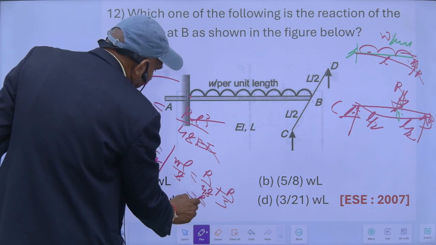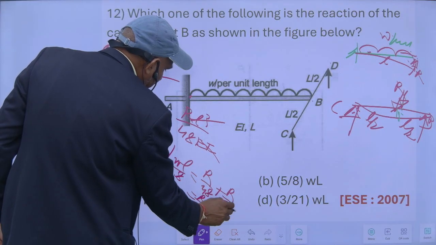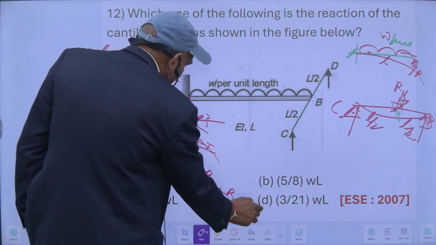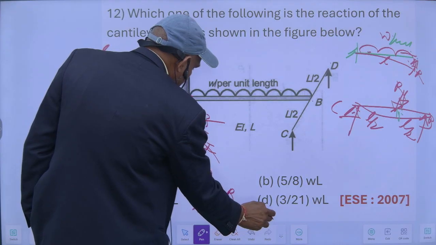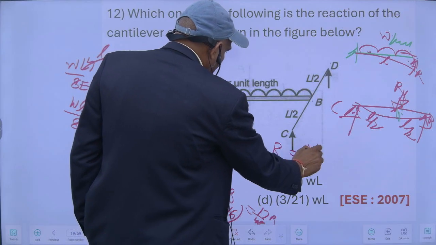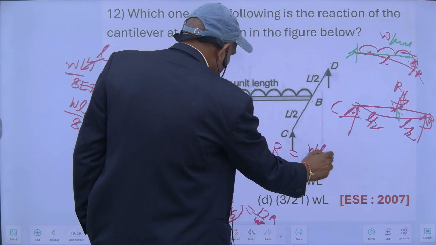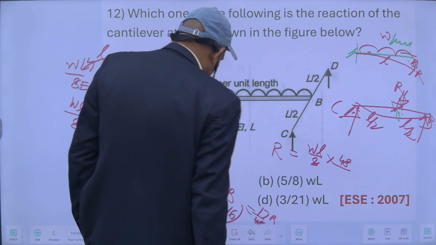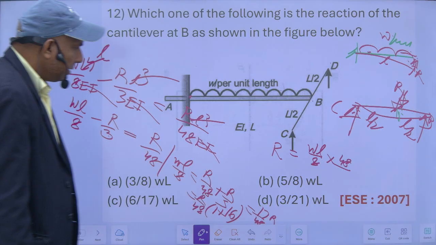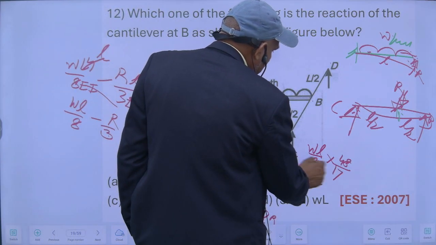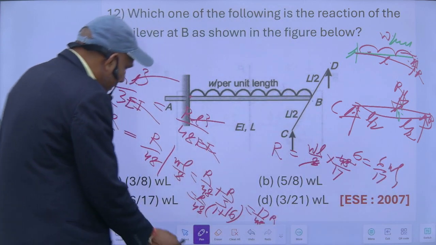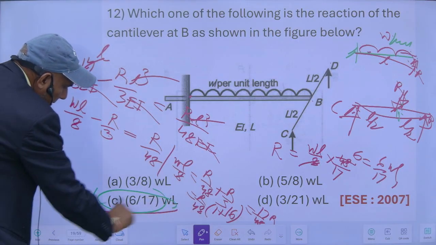So R by 48, if I take common, this will be 1 plus 16. So it will be 17 upon 48 R, and this R will become WL upon 8 into 48 upon 17. So this will be 6 upon 17 WL. So this one is the right option.